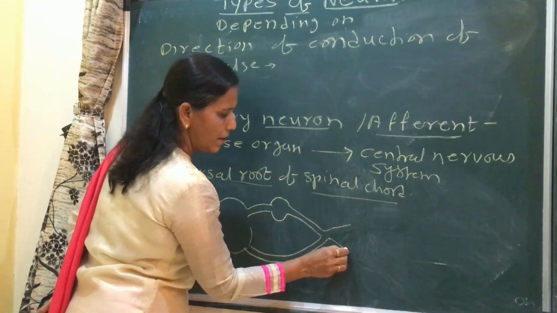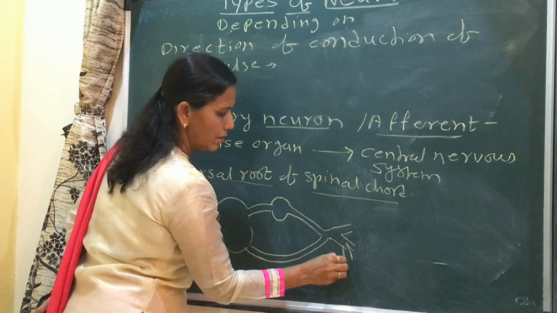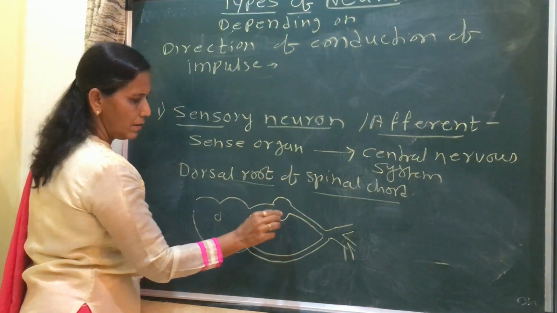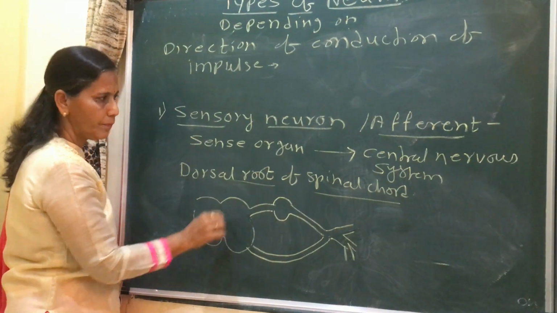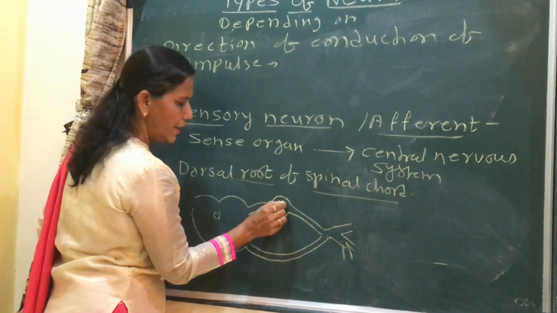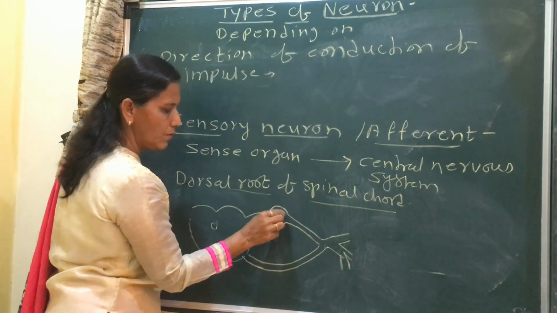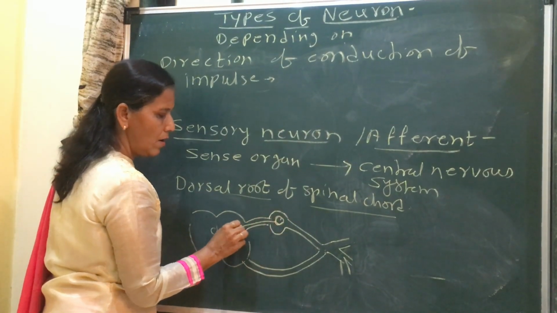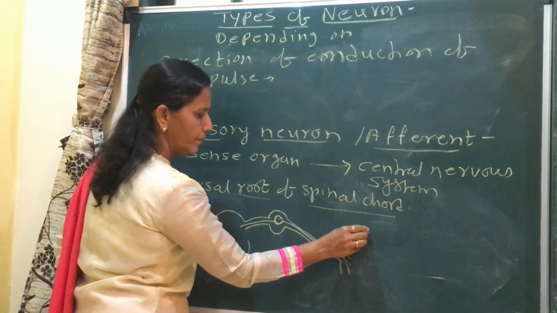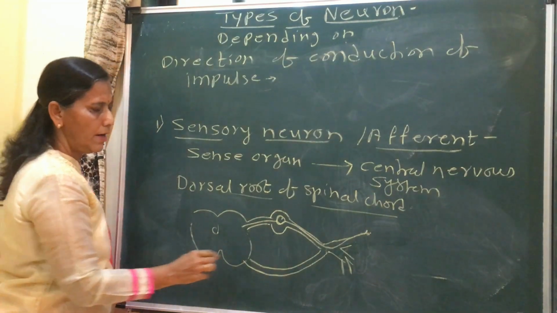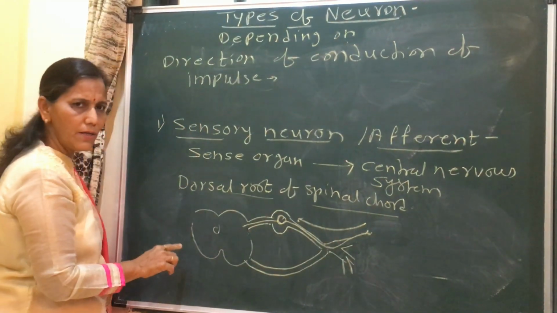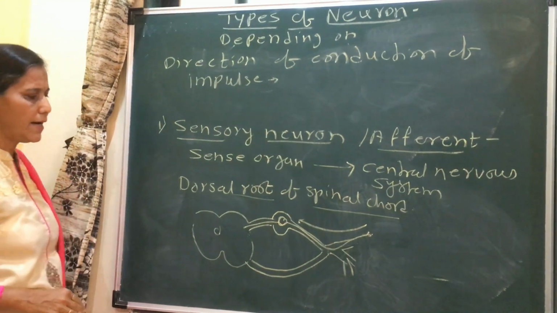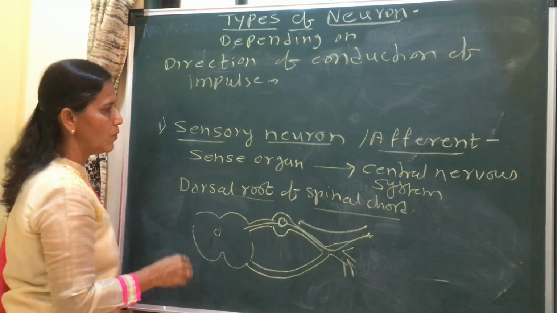Three branches are there. This is the spinal nerve which arises from the spinal cord. Here the sensory neuron's cell body is located in the dorsal root ganglion of the spinal cord. It carries impulse from the sense organ up to the central nervous system. Then the second type of neuron is the motor neuron.